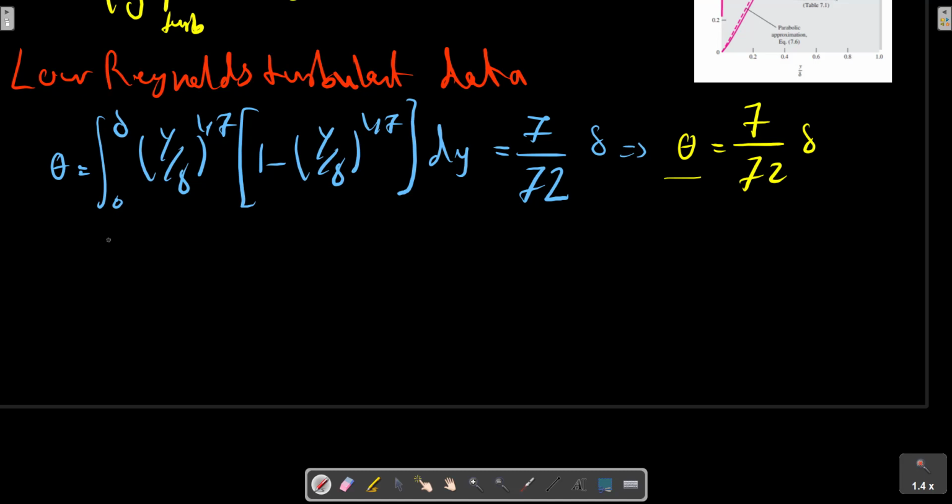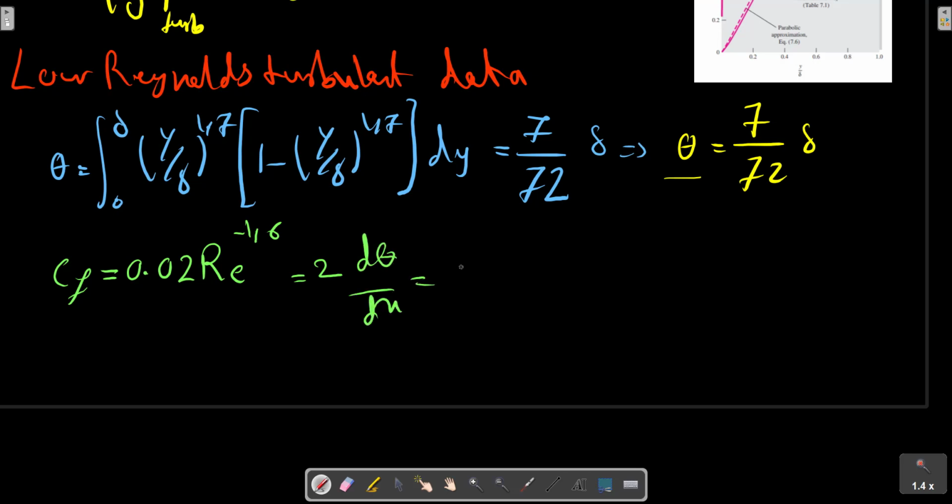We can write this CF Prandtl equation, which was 2 d theta on dx, in this case 2 d delta on dx, excuse me.